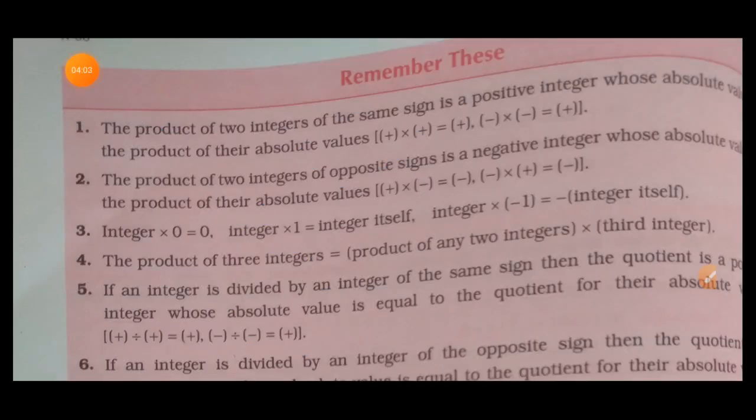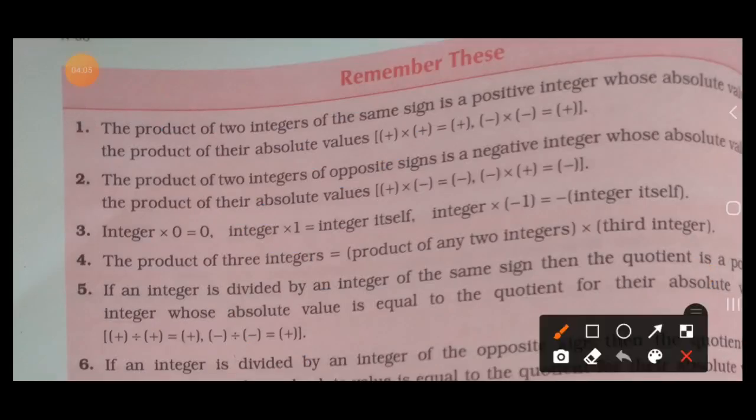Next exercise is 14C. Yes, here, product of two integers. If two positive integers are multiplied, then we will get a plus sign in the answer.